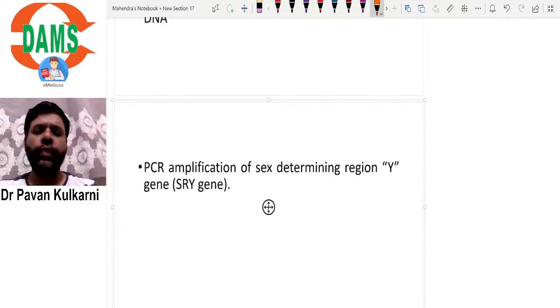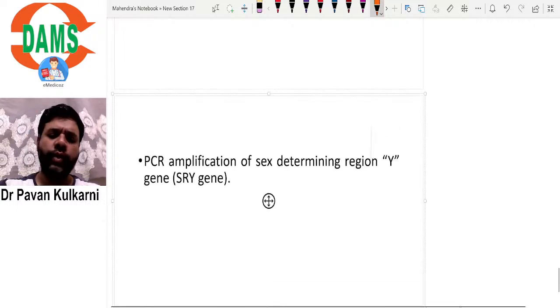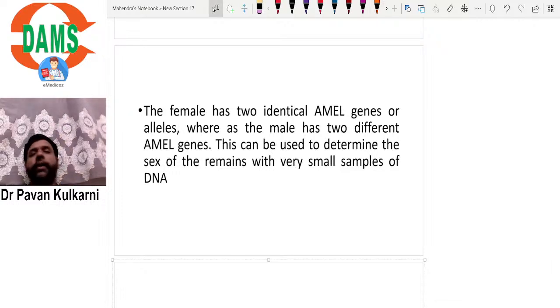With that I come to the conclusion for today's session on the role of forensic odontology in gender determination. In the other part of forensic odontology, we are going to cover age, where we will use the skull and the mandible.